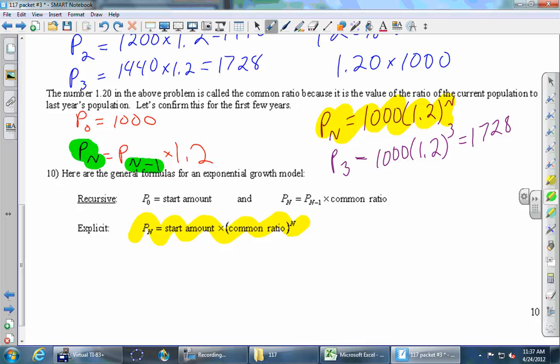So to find the population this year, you take last year's population, multiply it by 1.2. And I'd really like for you guys to see that that's the same as this other formula here. Pn equals Pn minus 1 always times the common ratio. What was the common ratio? 1.2. Questions on that?